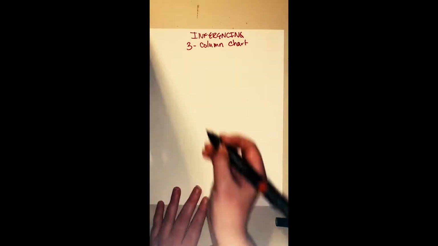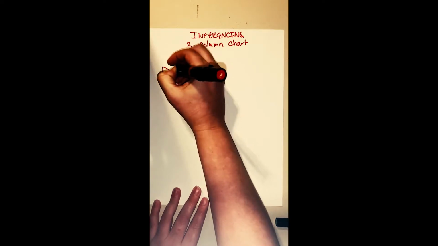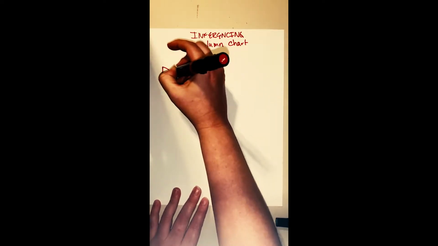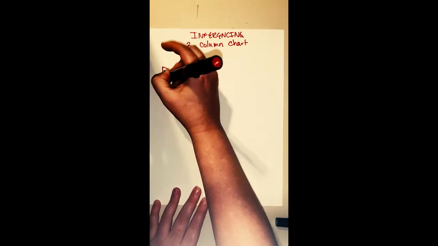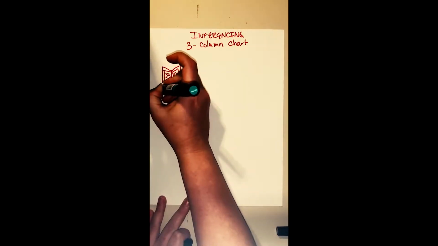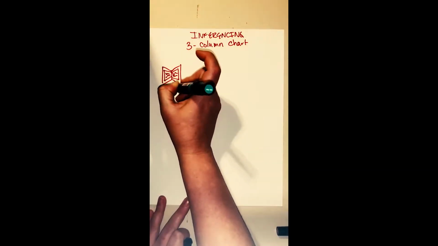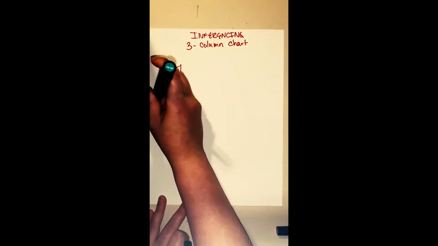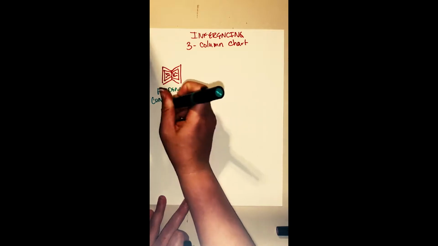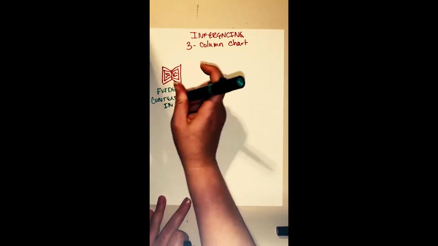Basically the concept is that when we are trying to make an inference, we have to use two pieces of information. The first piece is the information that we gather from a text. So if this is our book, then this is the information we gather from a text. This information we call evidence. And I said in class that we might also call it contextual information.